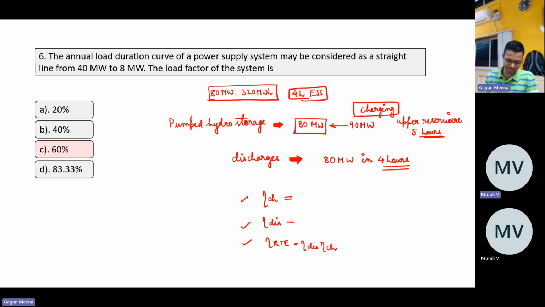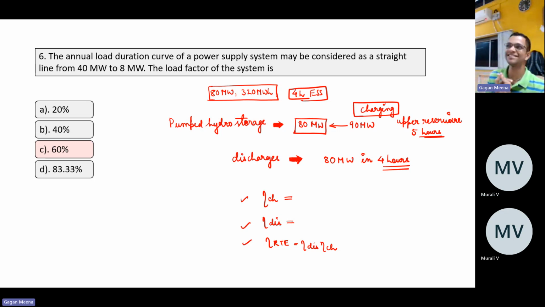It is a mechanical pumping process, but electricity is also involved, because for doing the mechanical work we need electrical input. Pumping will be done by electricity only. The input is electrical, output is mechanical, whereas in the discharging process, input is mechanical, output is electrical. But still we have to calculate.